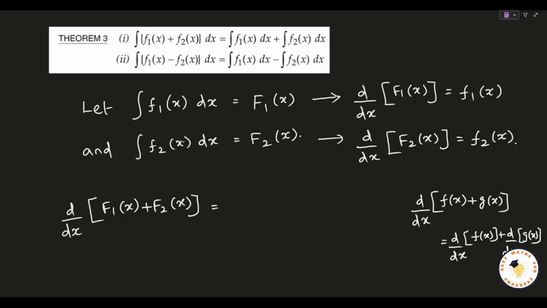Using the same rule here, we can split this like d by dx of F1 of x plus d by dx of F2 of x.